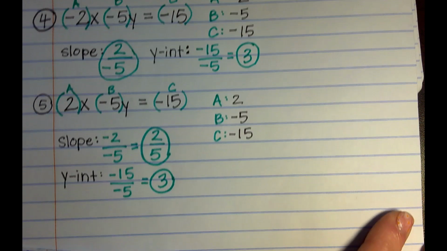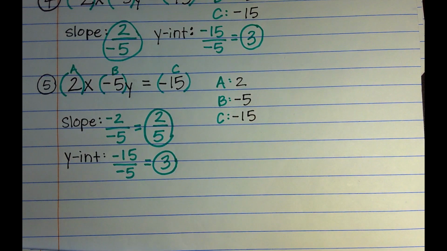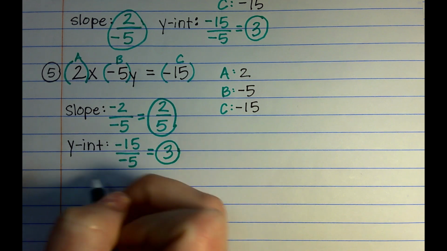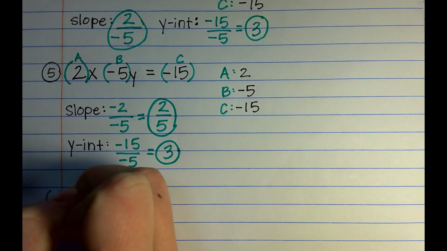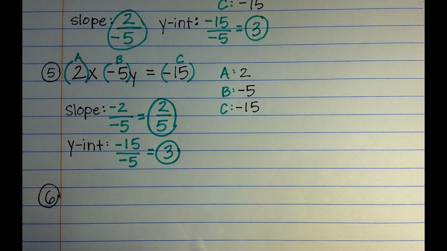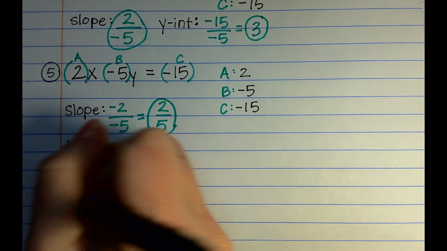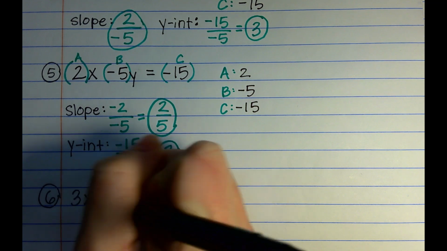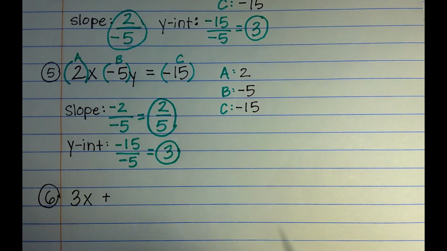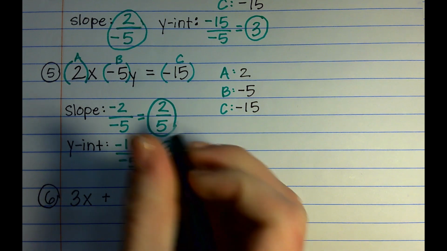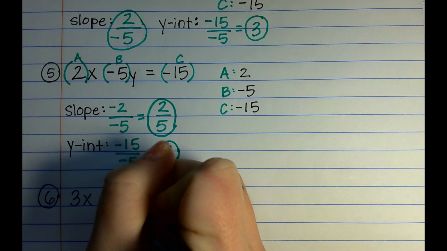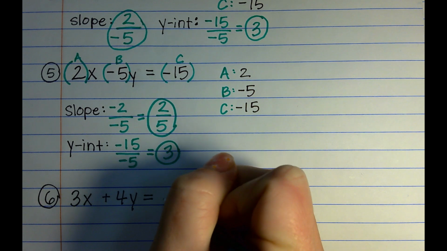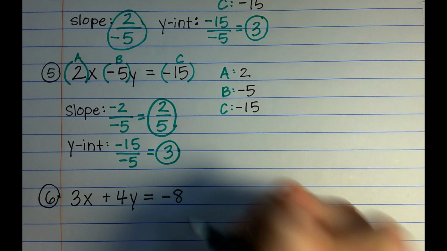Okay, good questions. Do you guys want to do another one before I have you try some more on your own? Yes. Okay, let's see. 3x plus 4y equals negative 8.